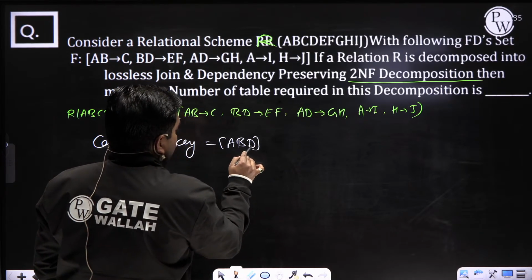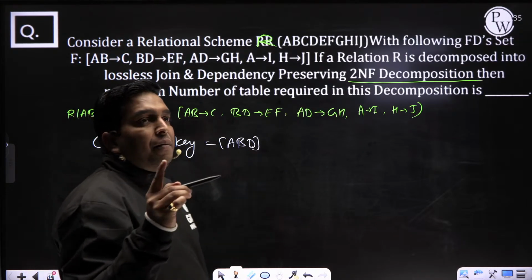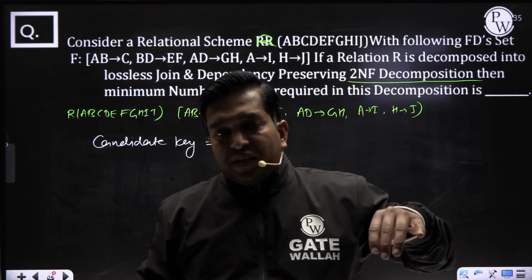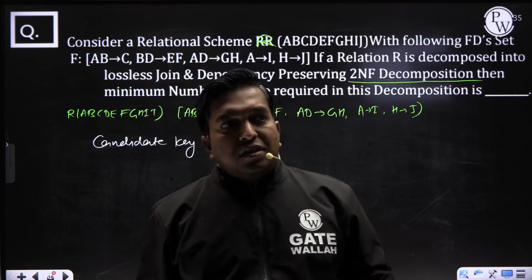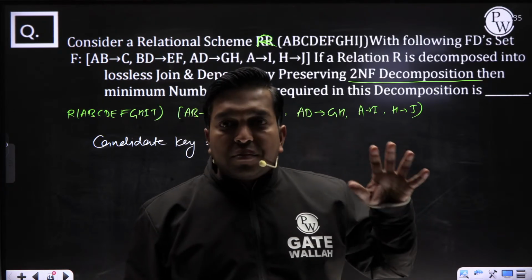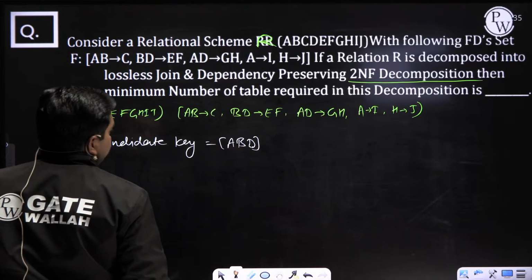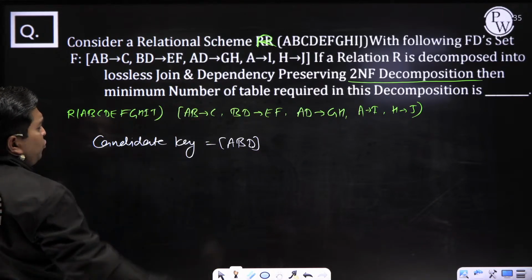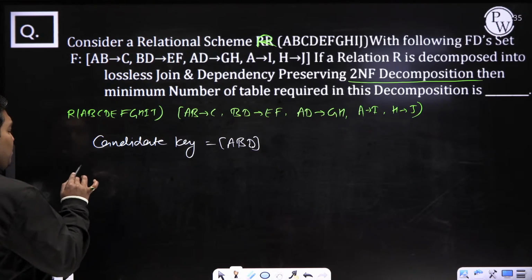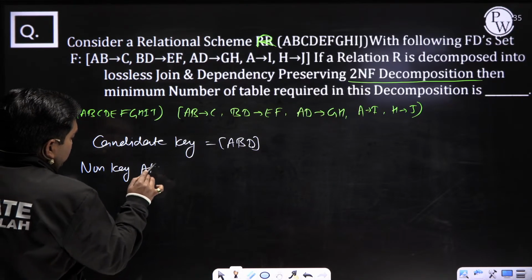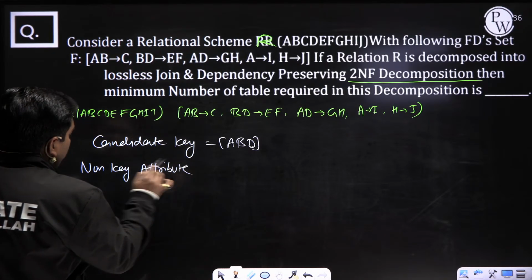Candidate key for this question is ABD. This is a back exercise question of reference books like Korth, Navathe, Raghu Ramakrishnan, or Ullman. I have come with this question, children. Kindly solve this question. So what are the non-prime attributes?